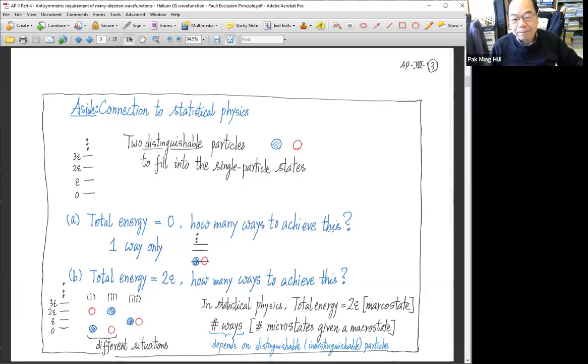Now that is easy. Two distinguishable particles, you can put the blue one into the zero-energy state, this one, all right? The red one also into this, then the total system has no energy. Okay, so this is called a microstate of this macrostate.